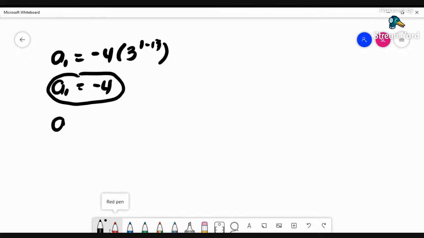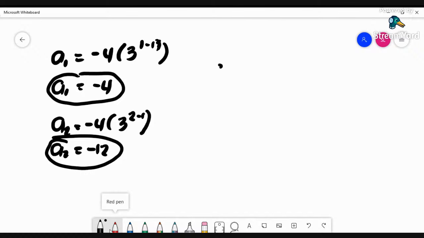For our a sub 2, we get negative 4 times 3 raised to 2 minus 1. So that's 3 raised to 1, or 3. Negative 4 times 3 is negative 12. That will be our a sub 2. And our a sub 3 is equal to negative 4 times 3 raised to 3 minus 1, or 3 squared.